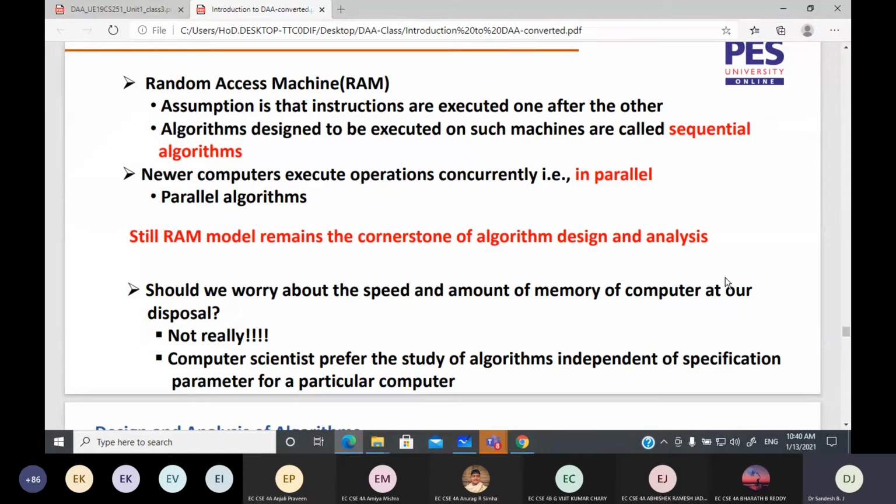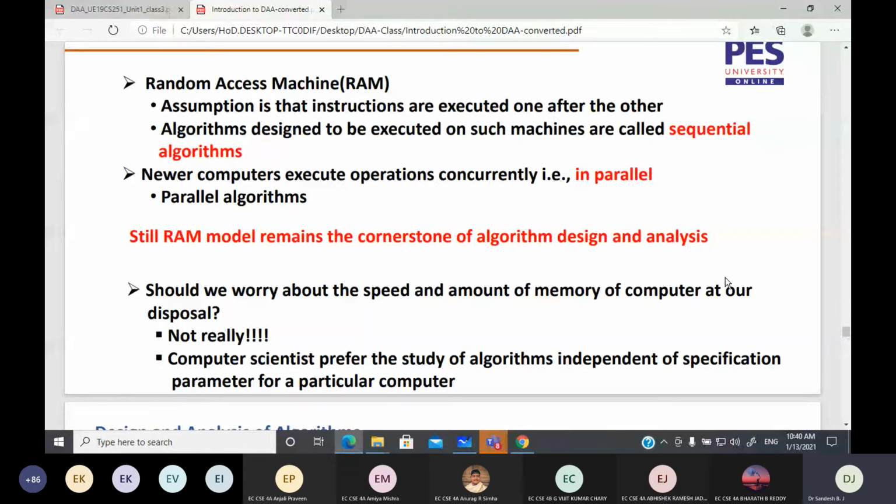Now the second thing is, should we worry about the speed and amount of memory of the computer at our disposal? Not really. Computer scientists prefer to study algorithms independent of the specification parameters of a particular computer.